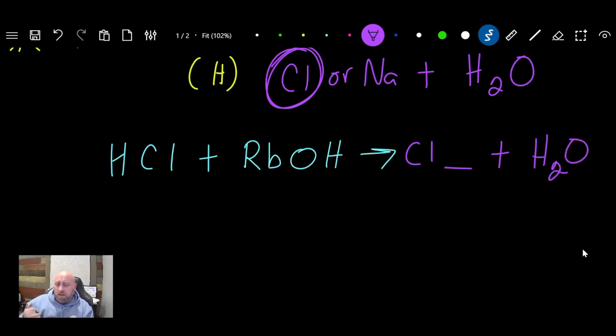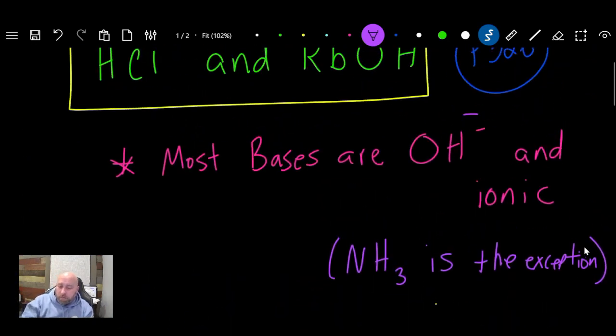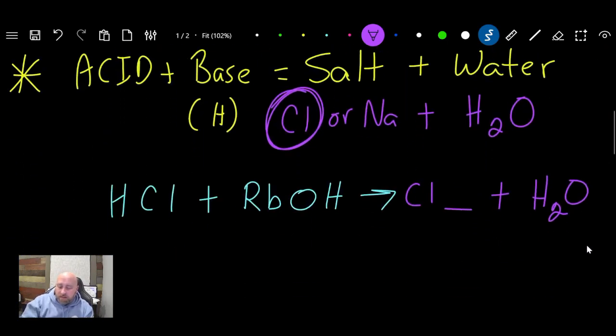So now, the question is, if you look over on page 327, how did we get to that? Well, remember, if we go back up here, most bases are OH negative. So if you take this OH and it's negative, that means that this Rb is going to be positive, okay?